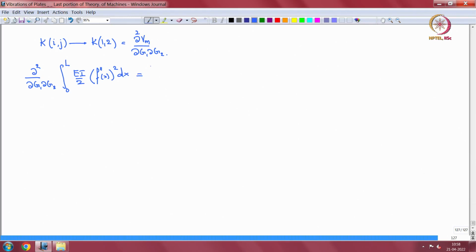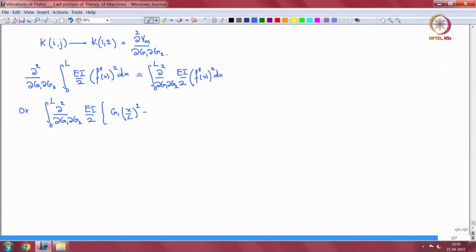So that is equal to integral 0 to L of del 2 by del G1 del G2 of EI by 2 f double dash of x squared dx, or integral 0 to L del 2 by del of G1 G2 EI by 2 of G1 (x over L) whole squared plus G2 (x by L) whole cube, double dash, whole squared dx.